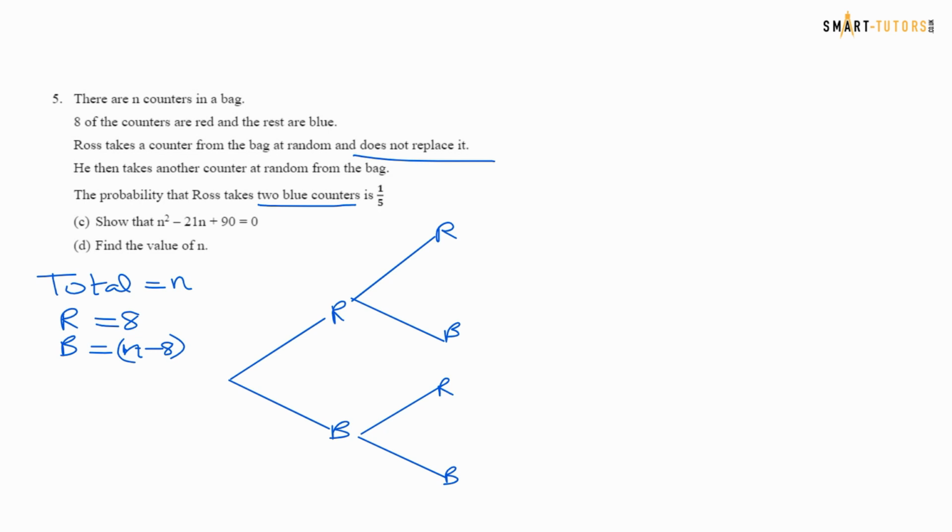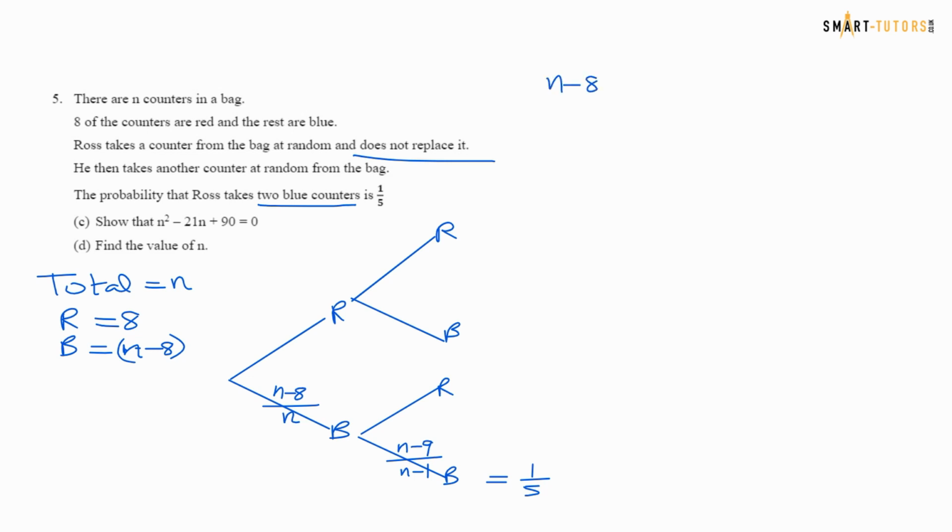So blue is n minus 8 divided by total is n. Take away 1, n minus 9 divided by n minus 1. And times together gives 1 upon 5. So that is the expression you've got to be familiar with here.